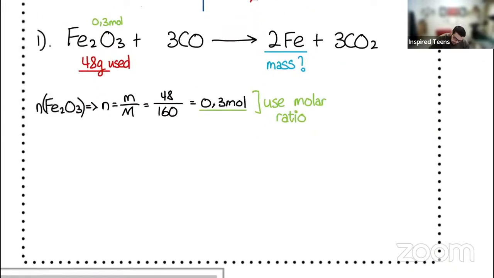The moles of Fe2O3 are to the moles of Fe a 1:2 mole ratio. So 0.3 multiplied by 2 is 0.6 moles. You can show your calculation of how you calculate that as well. That's fine.